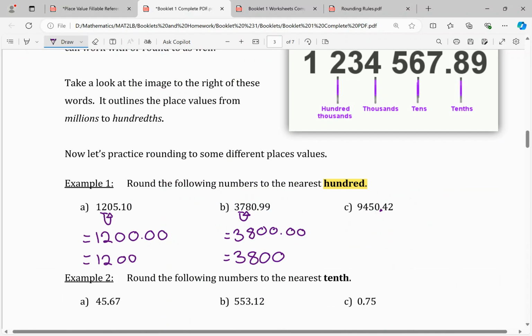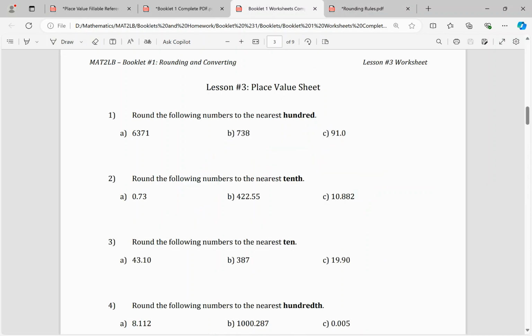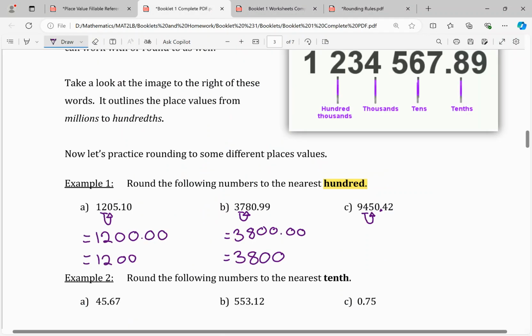So I look at the 4 and I say I need help. And the 5 which comes after is going to help the 4 decide how to round. Our rounding rules tell us 5 means we round up. So it is the 4 which is going to round up.